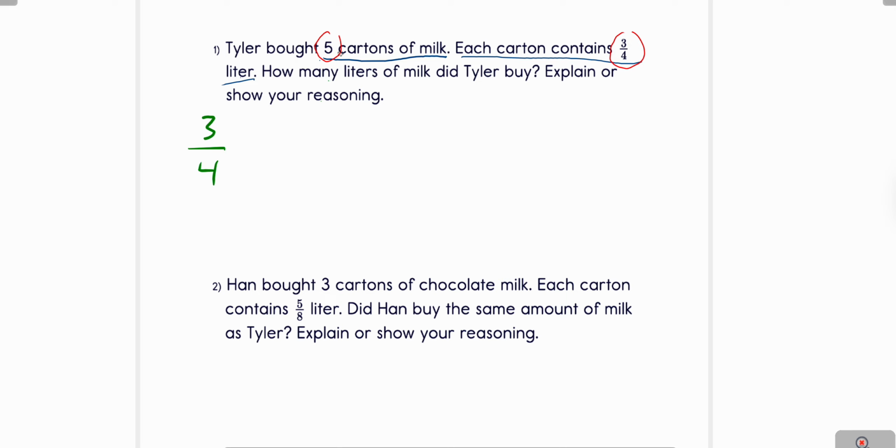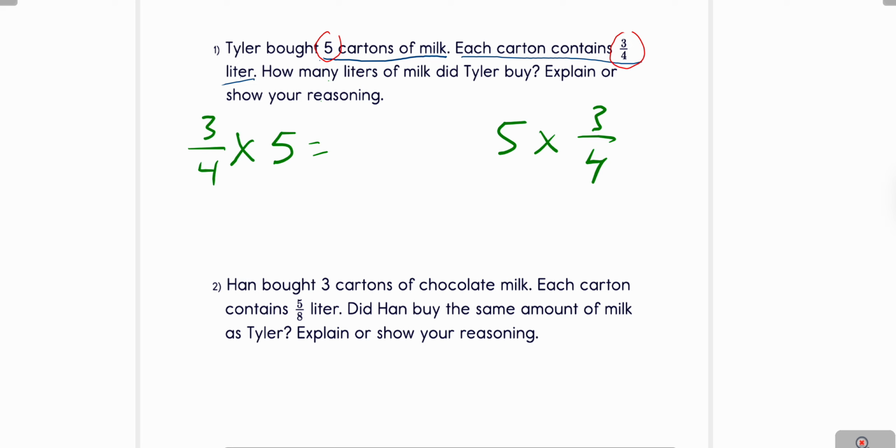Tyler bought 5 cartons of milk. So that is times 5. So it doesn't matter if it looks like this, if it looks like that, 5 times 3/4 or 3/4 times 5. It's the same thing.